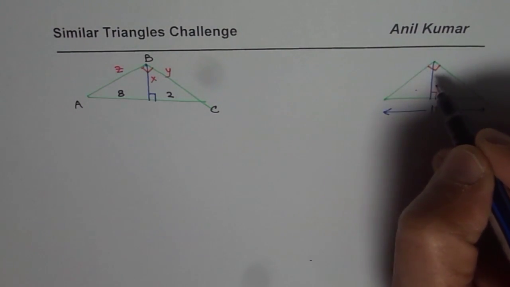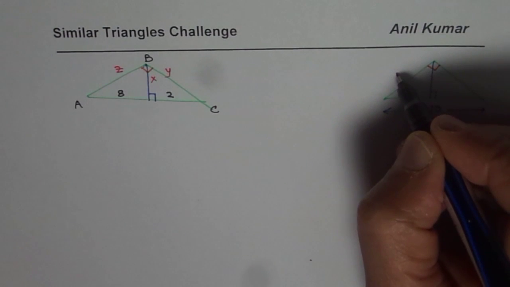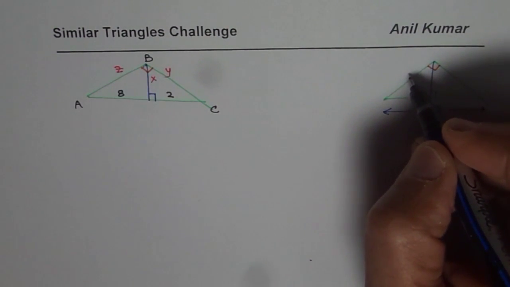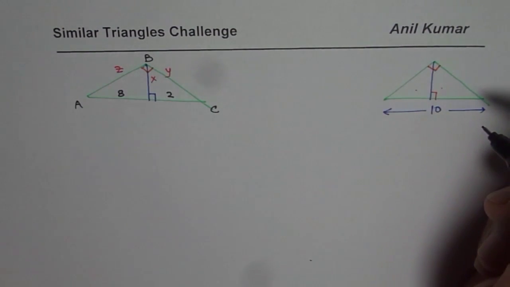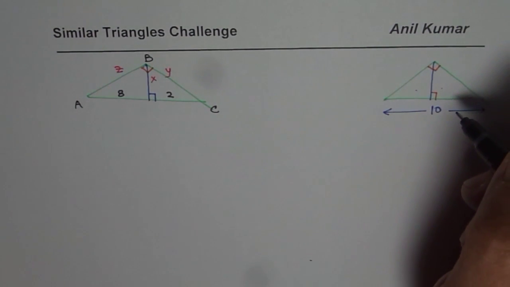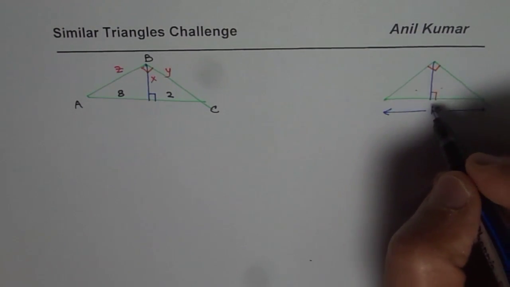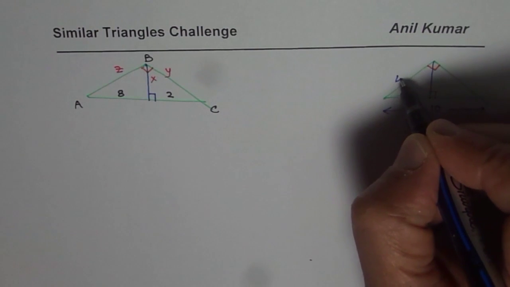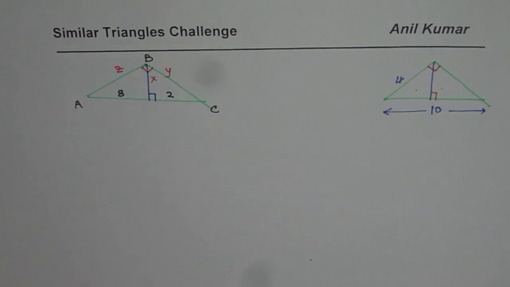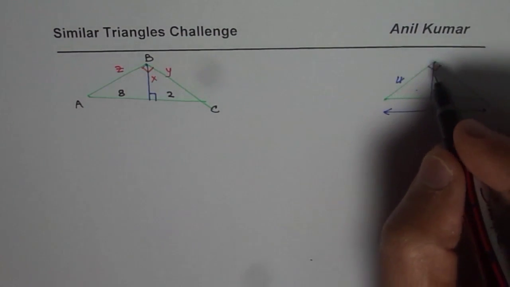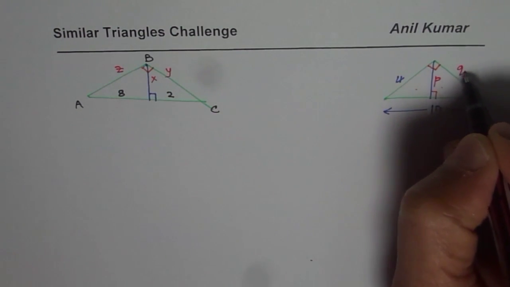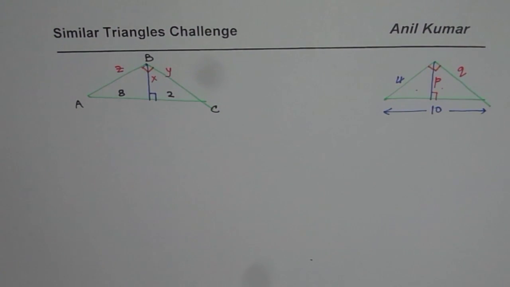So let me say this side has to be smaller, of course, and let us say this side is 4. Now the idea here is that you have to find the length of the altitude, which is P, and this side, which is Q. So that is your question.